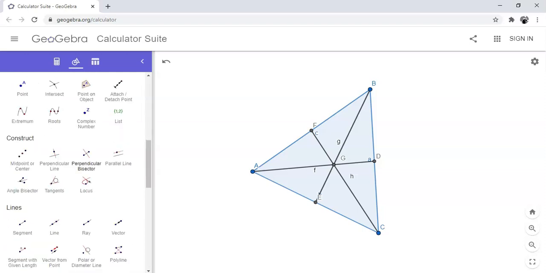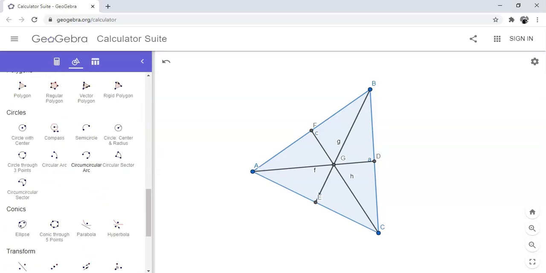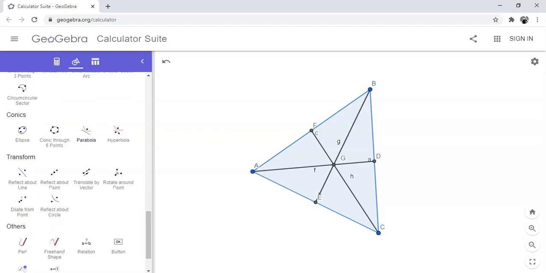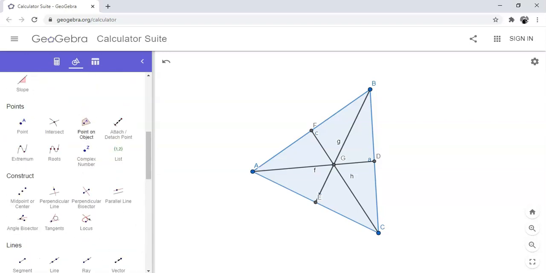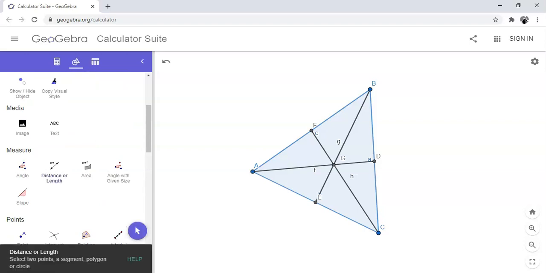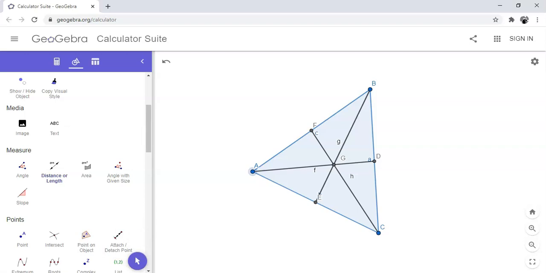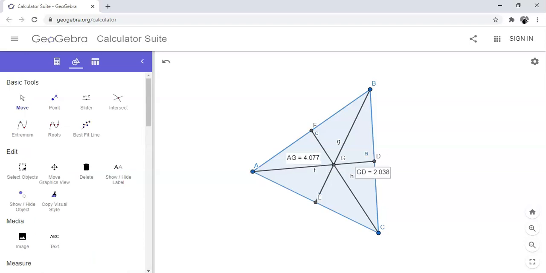So we're going to measure them and see what that is. I'm going to use the median AD. So I have A to G and G to D, and notice that we have a little over 2 for GD and a little over 4 for AG.